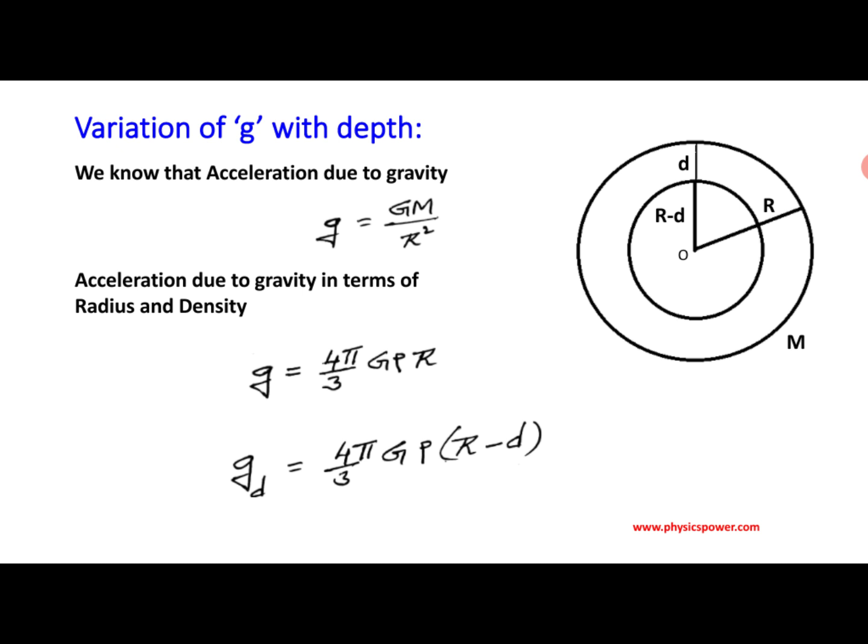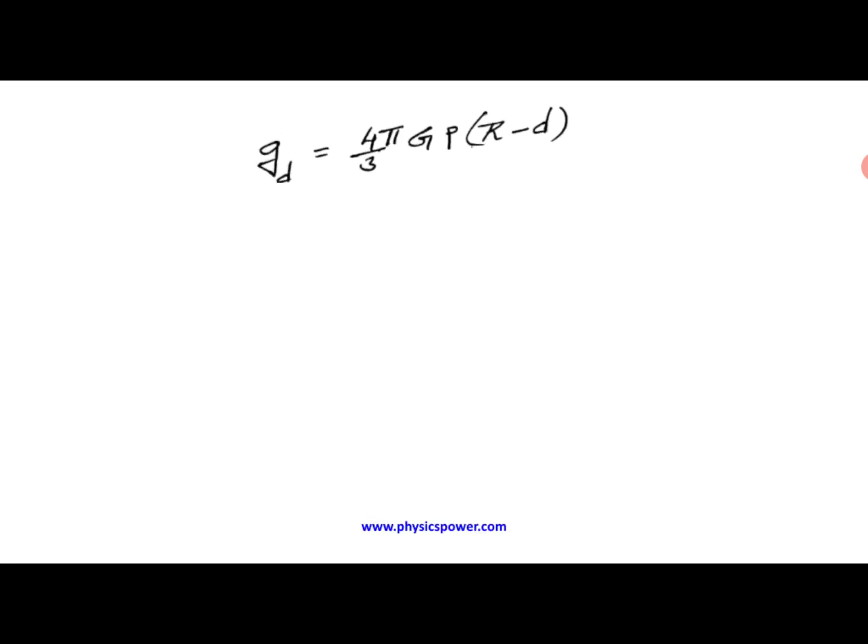In this expression, if you take r common, then we get 1 minus d by r, with all remaining terms as usual.